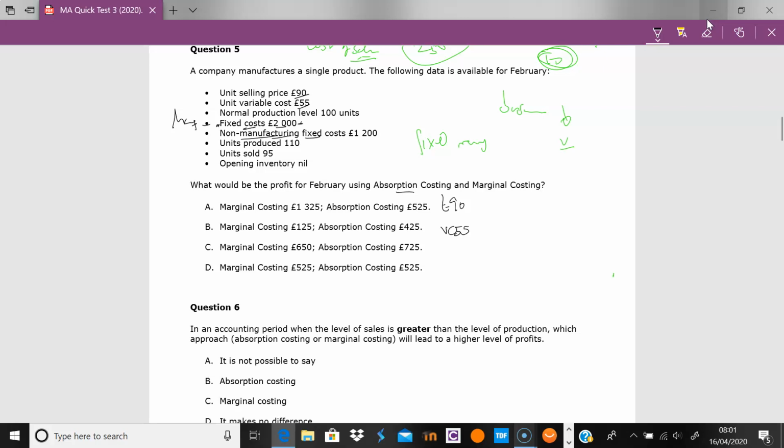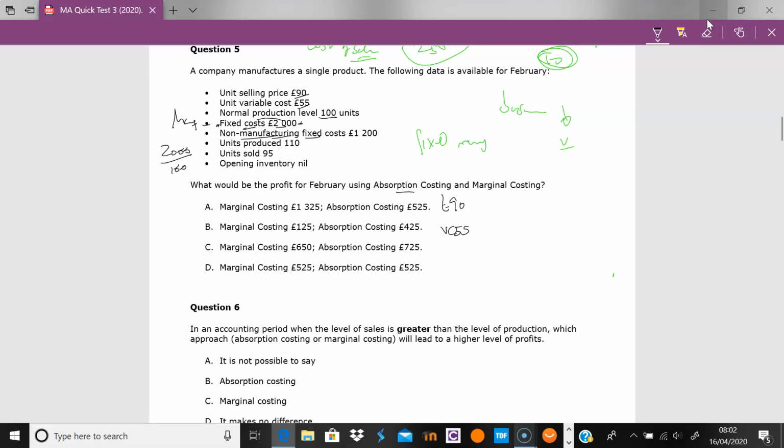Now, like all things, I do it based on an absorbed level, because my normal production level is 100 units, and I have fixed costs of 2,000. So I am going in at £20 per unit in terms of fixed costs, because this is all absorbed, cost absorption rates in effect.